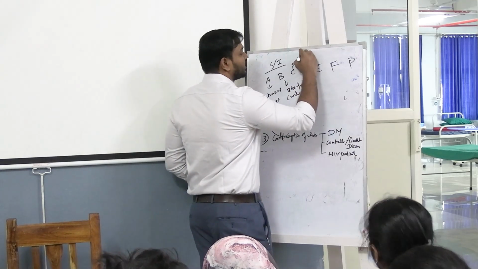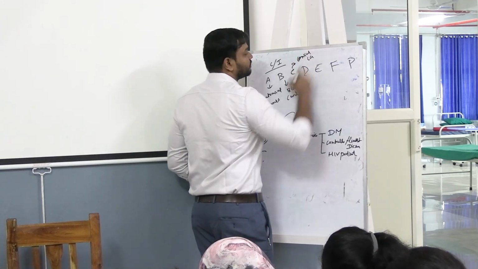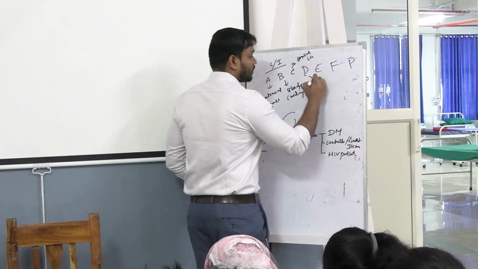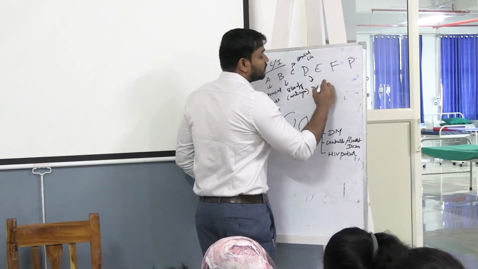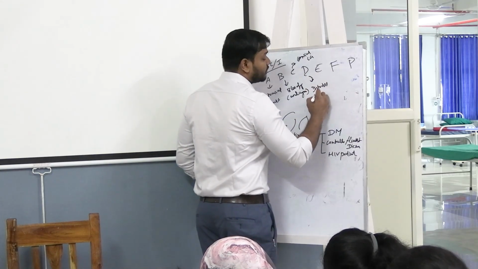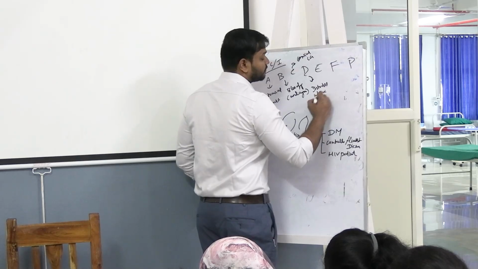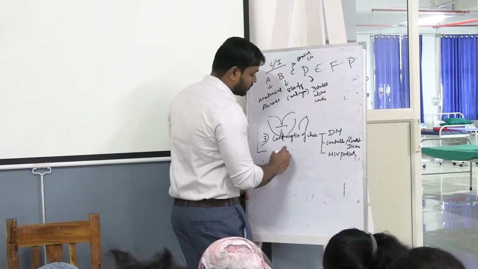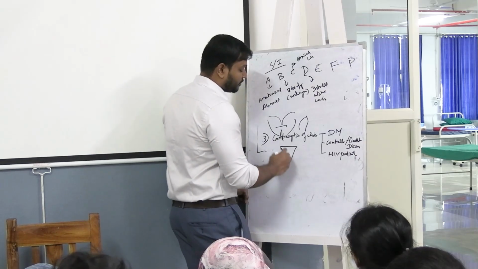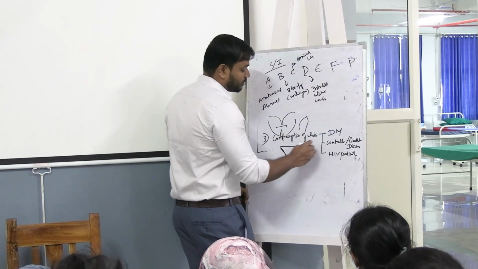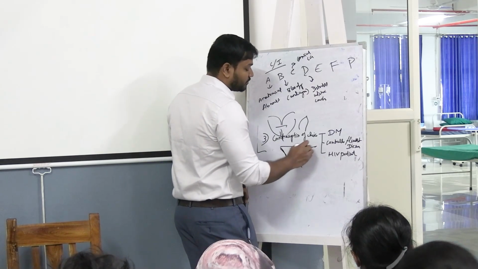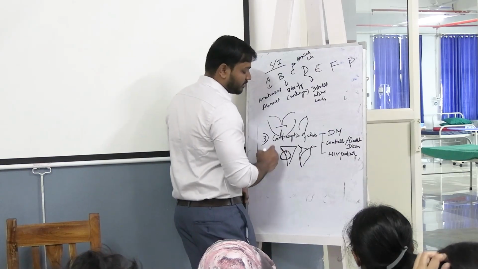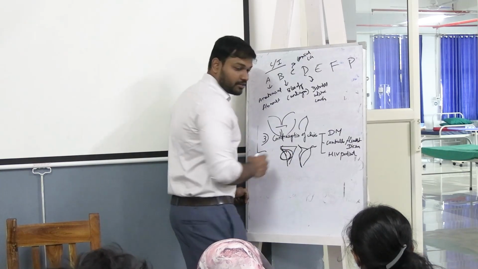C for cervical cancer. D is distortion, distorted uterine cavity. Okay, normally this is the shape of the uterine cavity. If the shape is distorted because of any abnormality, or if there is any fibroid here, the shape will be distorted.